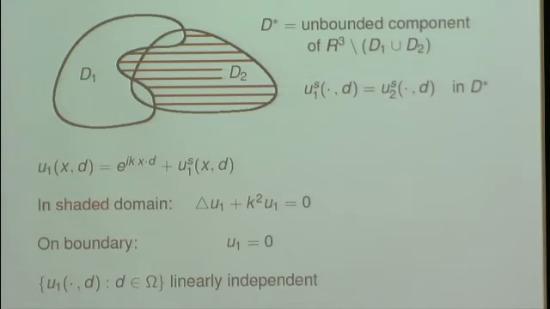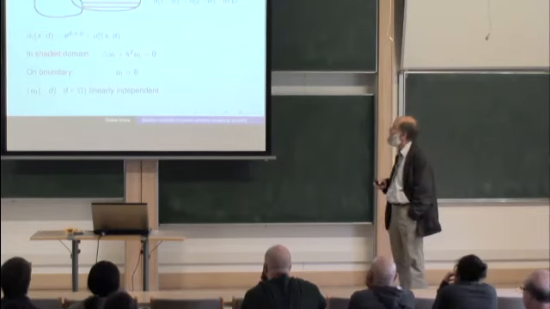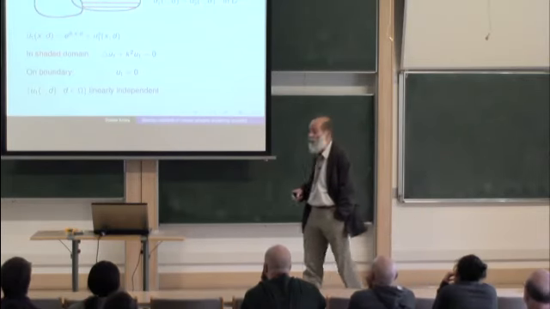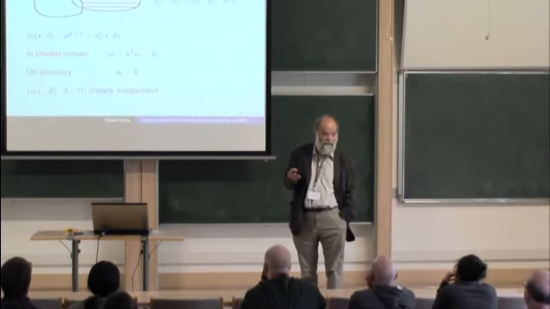This is basically due to the fact that the embedding from H10 in this shaded domain into L2 is compact, sorry. And this is true no matter what the regularity of the boundary is.